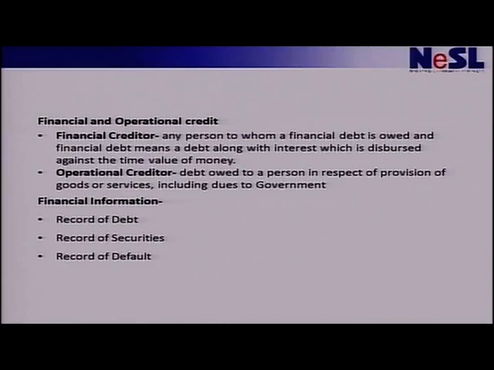An operational creditor means a debt which is owed to a person in respect of provision of goods and services, and this includes dues to the government. Financial information includes record of debt, record of securities, record of default.